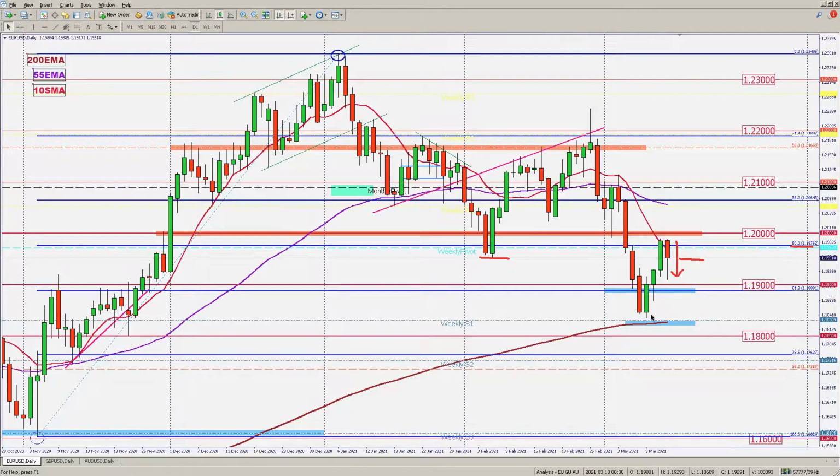So it's managed to find support just above the 200 EMA, and it's struggling to climb back up to the 120 area.